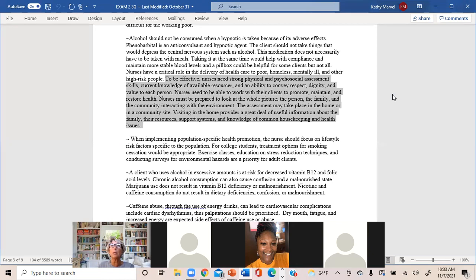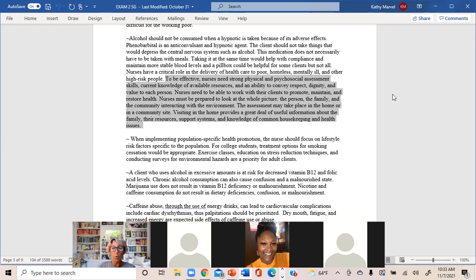One of the things we talked about in class is, you know, we all have feelings about homelessness or mentally ill. If you're walking down the street and a homeless person asks you for money, depending on how many people we have in this class, there may be the same amount of different kinds of reactions. But as nurses, we need to be able to convey respect, dignity, and value for each person, regardless of what our personal beliefs are.